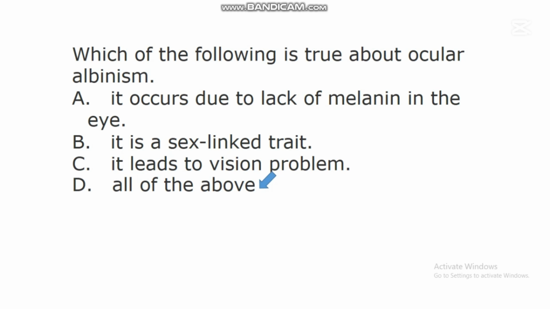So ocular albinism occurs due to lack of melanin in the eye, and it is one of the sex-linked traits, and studies have shown that it can lead to vision issues or problem. All these things are facts about ocular albinism.